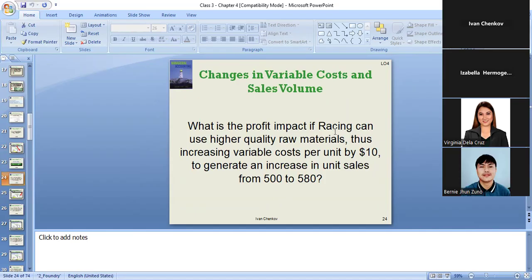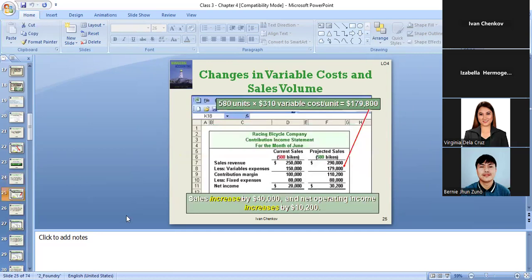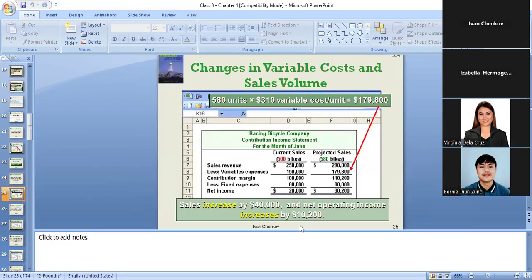What will be the impact if they use high quality raw material, which is going to increase the variable cost? Once they increase the variable cost, the contribution margin per unit is going to change, but they increase the sales from 500 to 580 units. If that happens, they generate $10,200 more operating income. So in that case, this combination works.